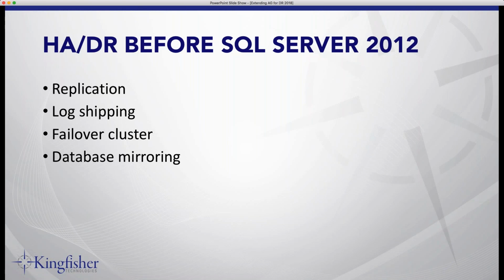Prior to SQL Server 2012, we had four basic types of HA and DR. And most people are familiar with at least one of these, if not all of them. The first one is replication. Replication really wasn't a high availability technology in most ways. But it was useful for disaster recovery, because you could ship an entirely separate copy of your data off to a separate location.